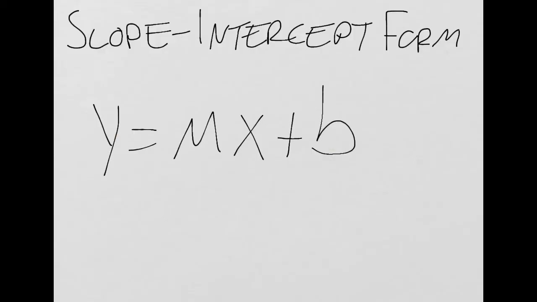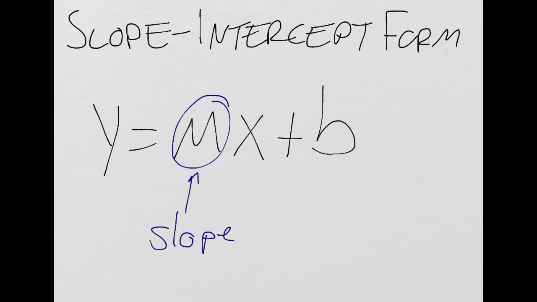So there are two different forms of equations that we can use to describe a line in the coordinate plane. The first one is called slope-intercept form, and the reason is that the information that we can get from this equation is the slope and the intercept. So if we remember from the start, m is our slope. M is y2 minus y1 over x2 minus x1.